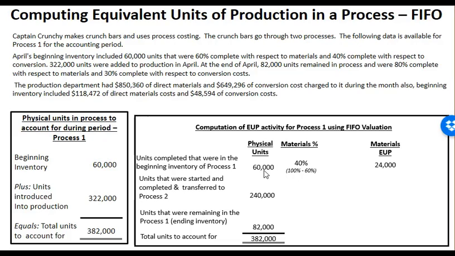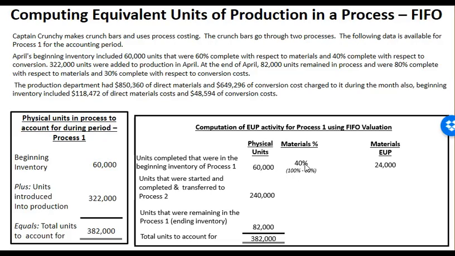Now you will remember that my units were reported as 60% complete in our beginning inventory. That means that in order to complete them, we had to expend 40% more effort. So it's 100%, which is complete, minus the 60% effort expended, meaning our materials percentage is 40%.